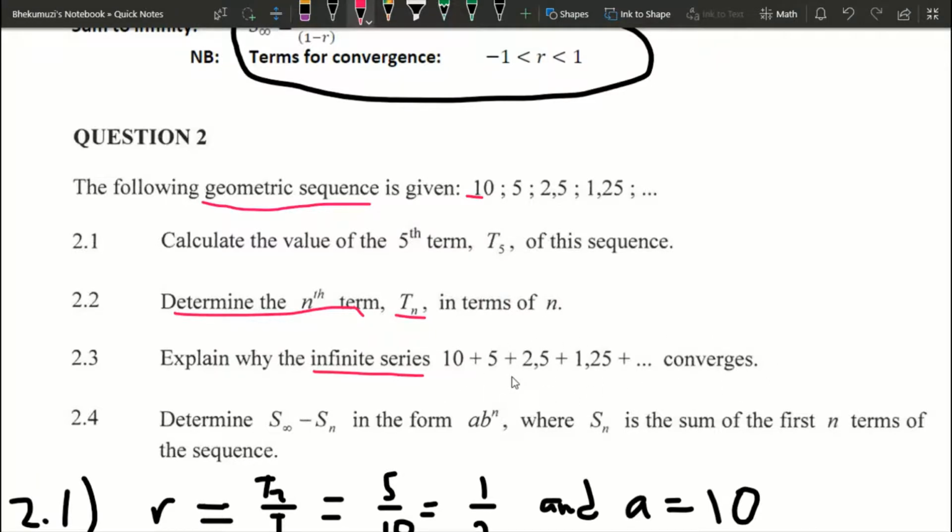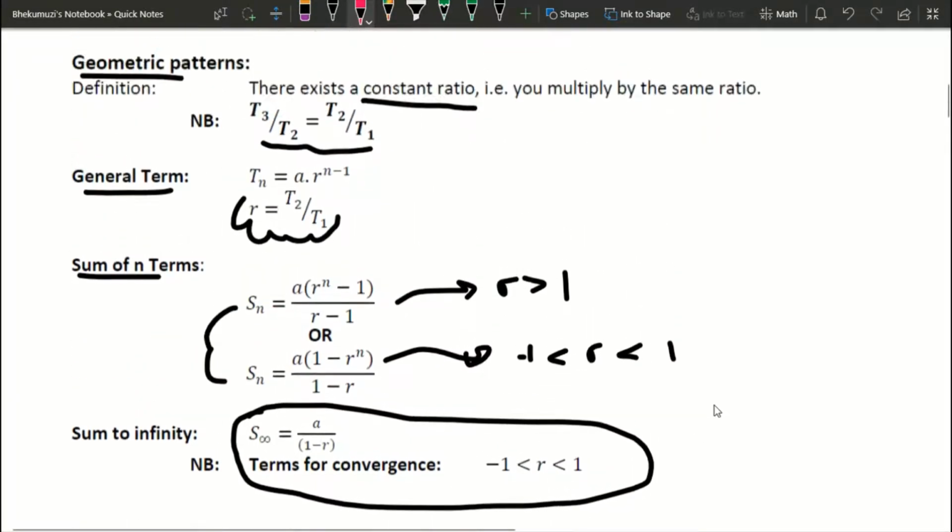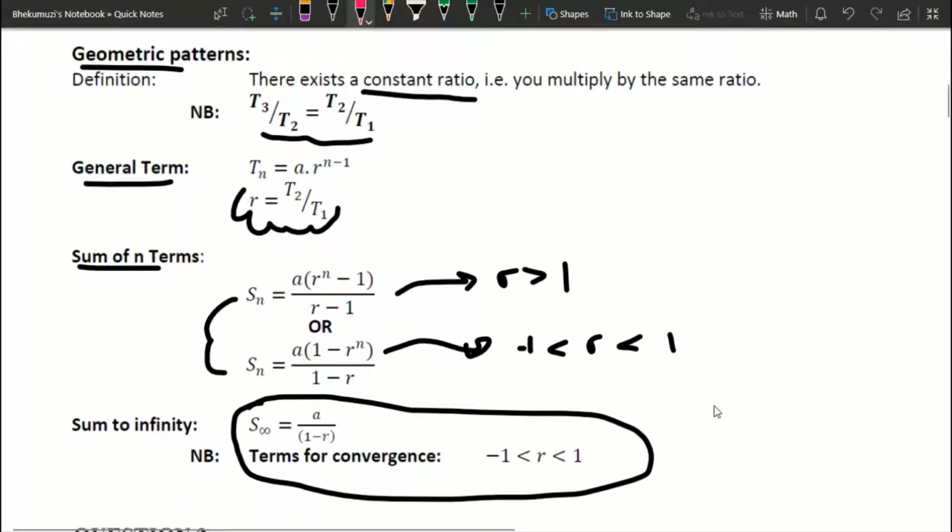But remember what we said in the first video: the sum to infinity for a geometric pattern is given by S infinity equals a divided by 1 minus r, right? And the condition for this to work, the condition for convergence, is that your r has to be between -1 and 1, meaning that it has to be a number that is between 1 and -1.